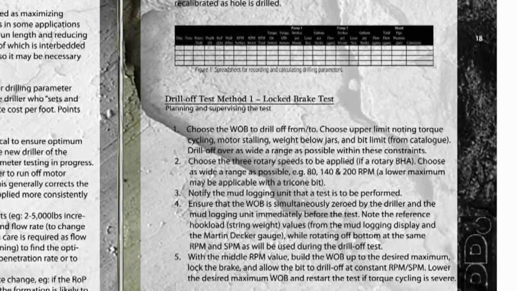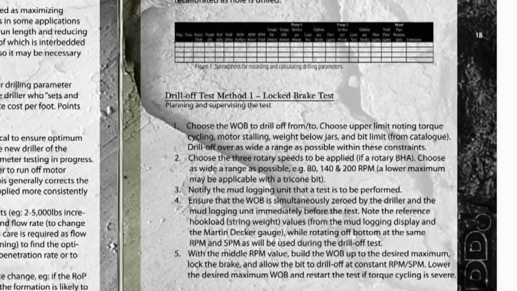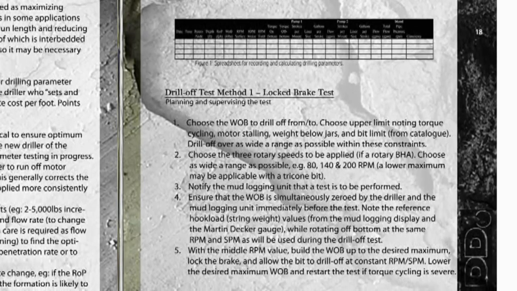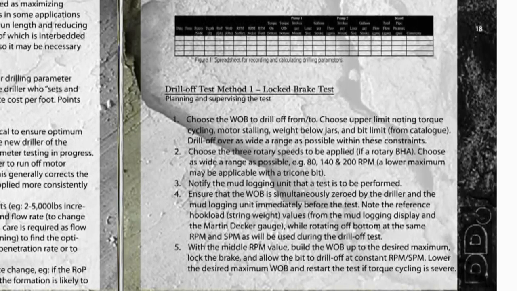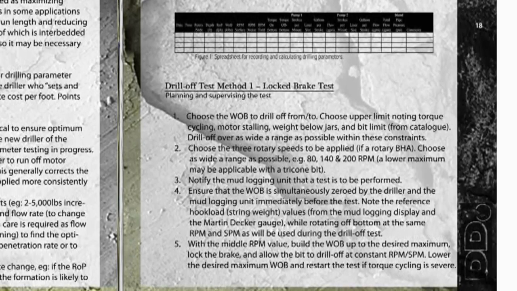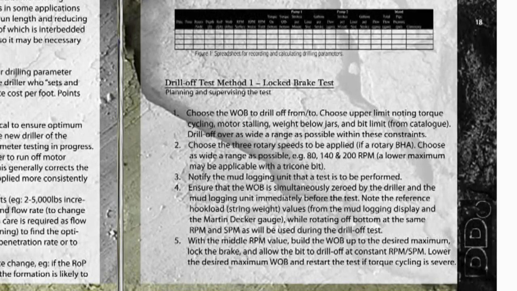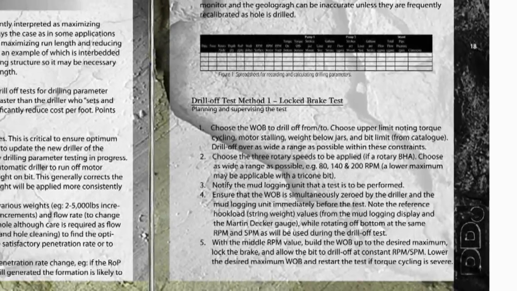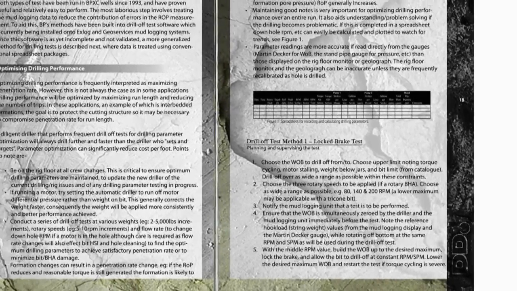With the middle RPM value, build the WOB up to the desired maximum, lock the brake, and allow the bit to drill off at a constant RPM, SPM. Lower the desired maximum WOB and restart the test if torque cycling is severe.